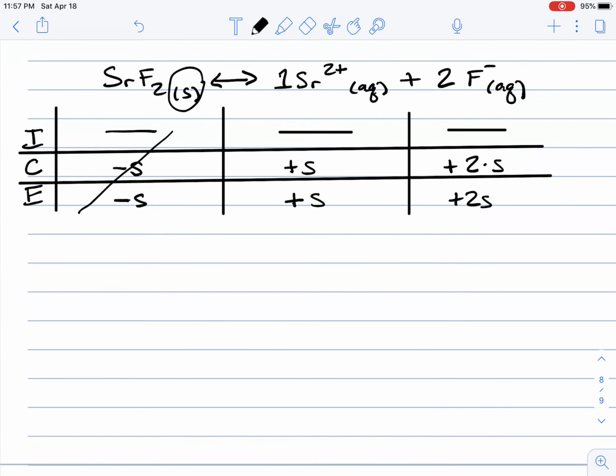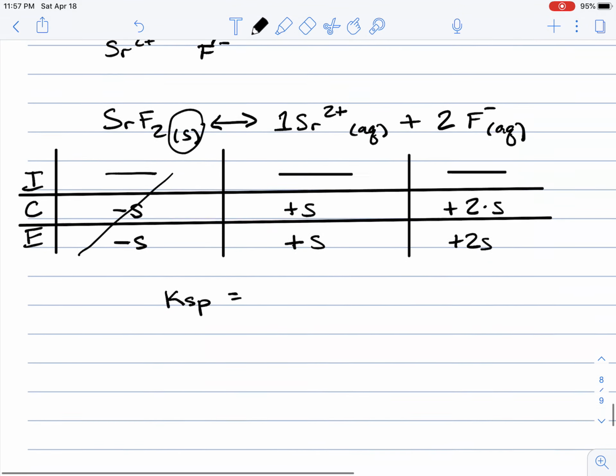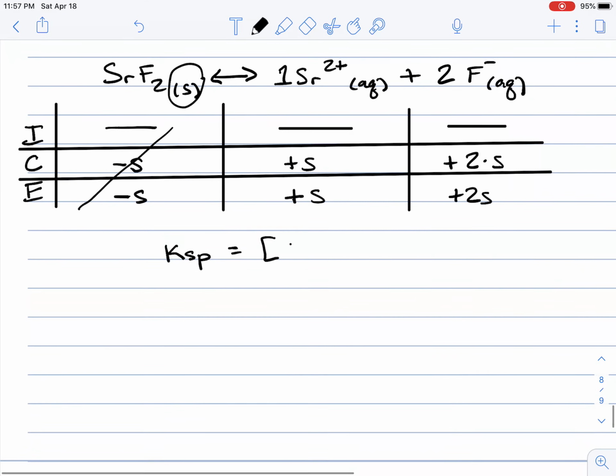Now that we have our ICE table, we're going to write our mass action expression to relate it to that of Ksp. And so the Ksp is 4.33 times 10 to the negative 9. And so the strontium raised to the first, times the fluoride raised to the second.